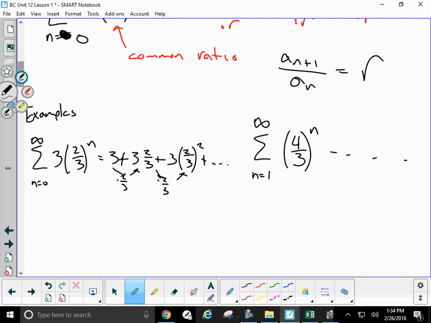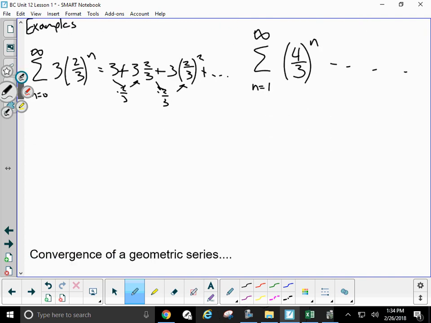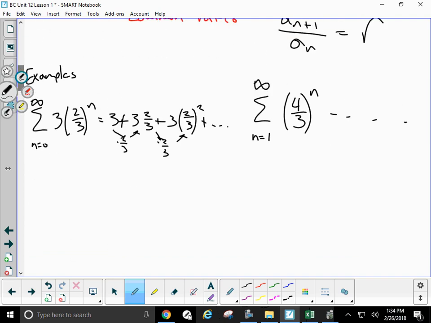Okay. Now, if I looked at these, and I use the nth term test, can we say this possibly converges or definitely diverges? And the same thing for this one. Well, here I got the limit as n approaches infinity of 3 times 2/3 to the n.